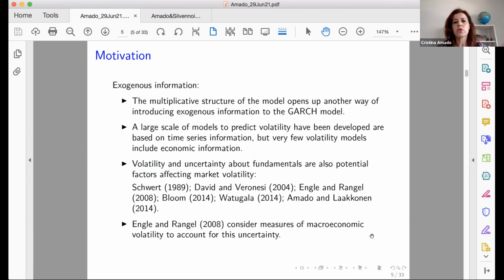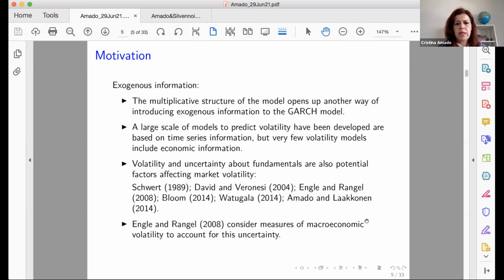These are the most well-known ones that I have in this slide: Schwert in 1989, Bloom in 2014, Davis and Veronesi in 2004, and even Engle and Rangel, in their paper about spline GARCH models, also studied this exogenous information and how it affects time-varying volatility.